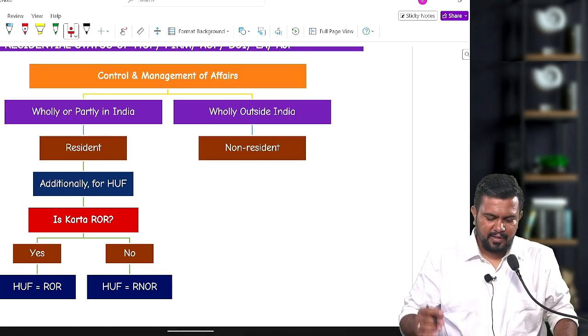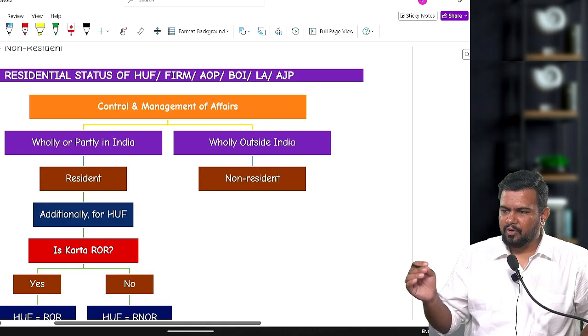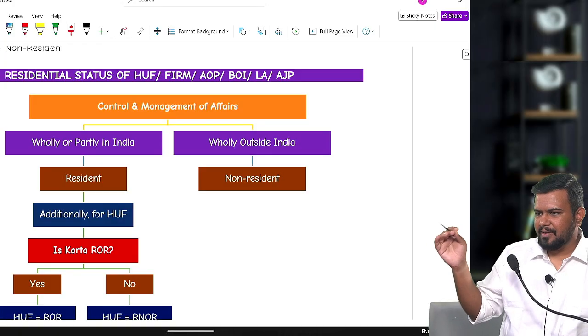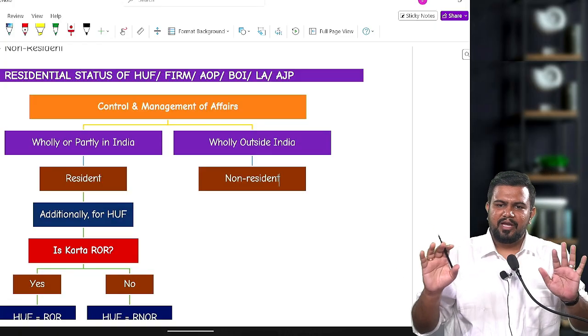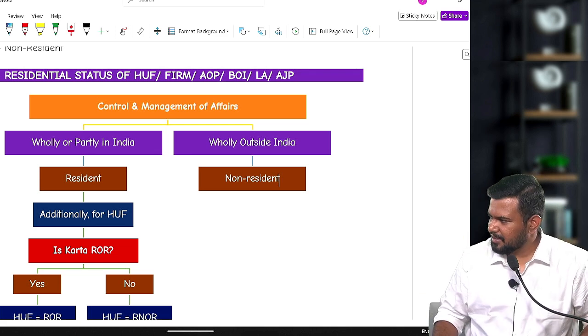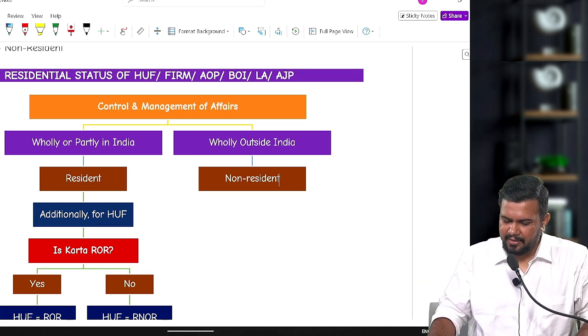For all the assessees other than individual and company, control and management fully outside India, non-resident. Even if it is partly in India, they will be called resident.